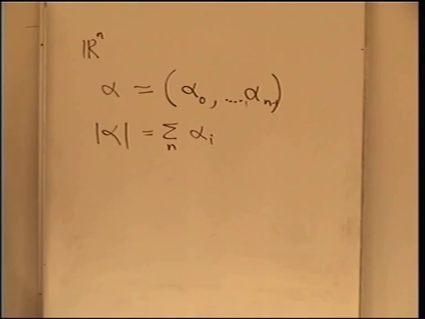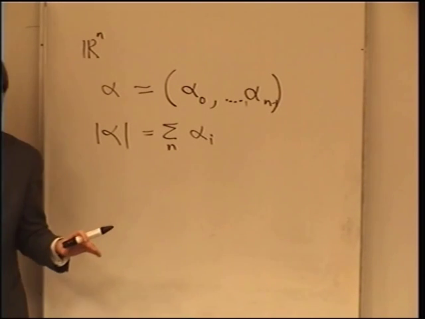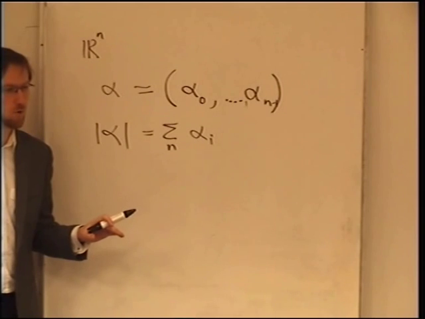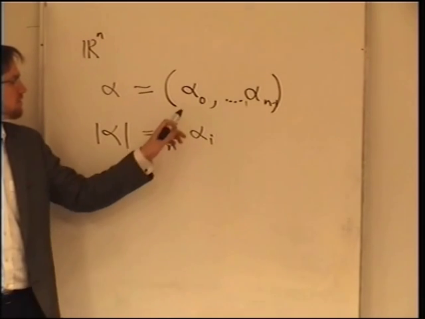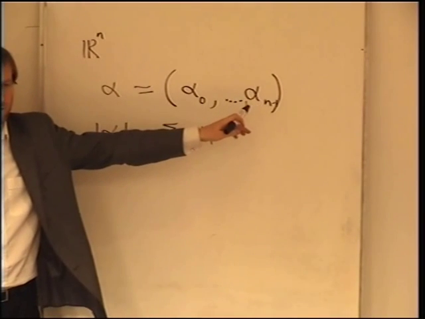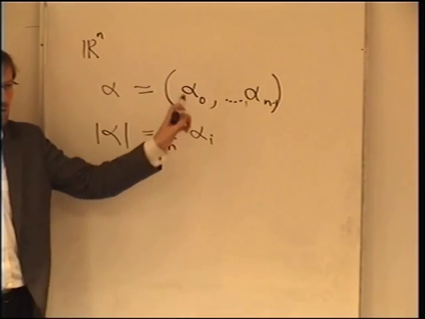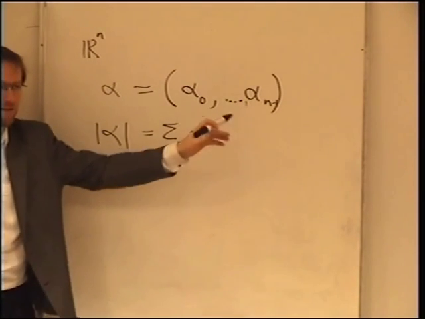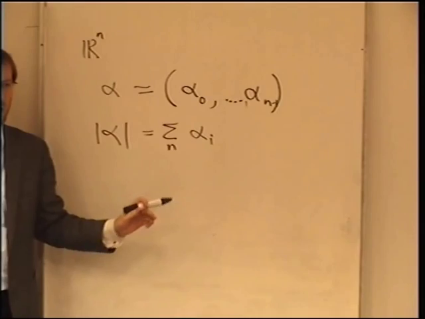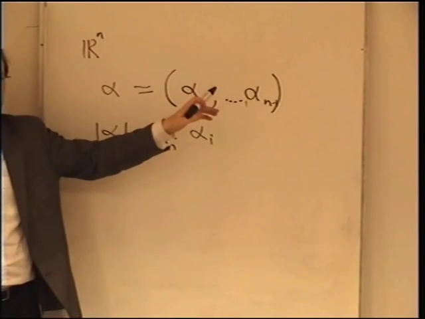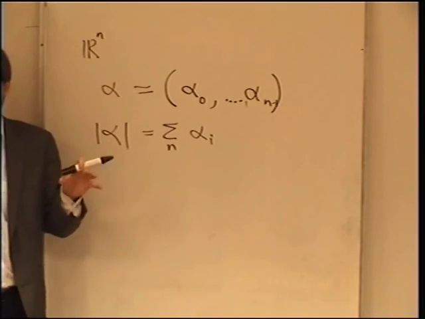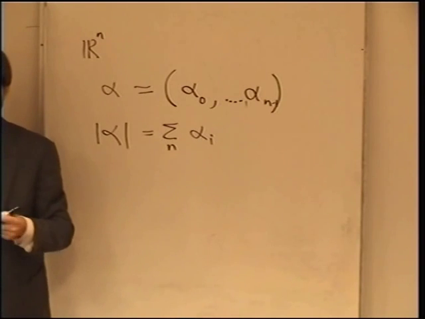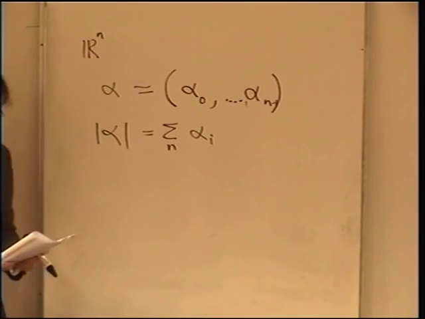So if we're taking any sort of second derivative, what that means is that the sum of these is 2. We might have a 2 somewhere and 0 everywhere else, which means we're taking the second derivative with respect to one variable, or we might have two different ones. And there's a sense in which those are all second derivatives. So this length here is a useful concept because it tells us what sort of derivative we're taking.